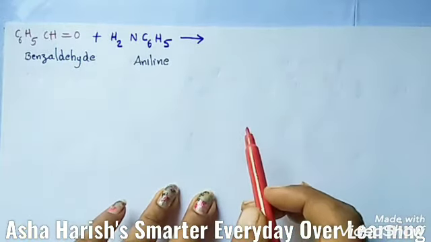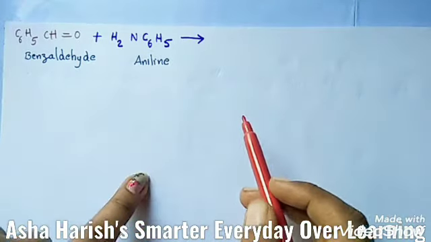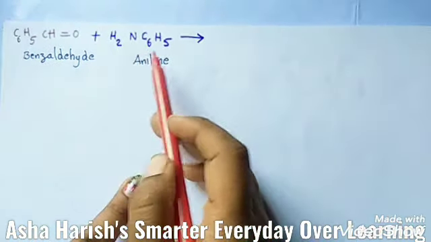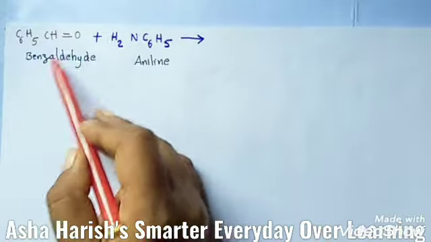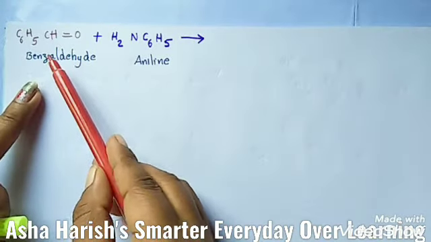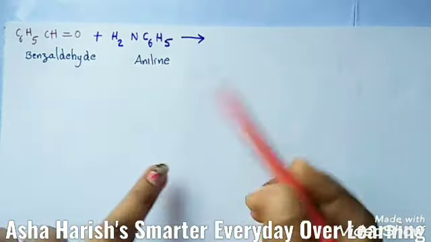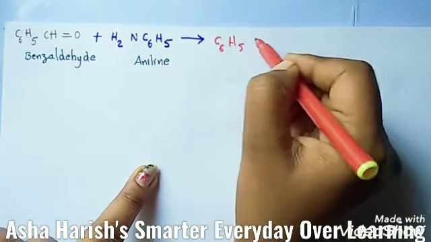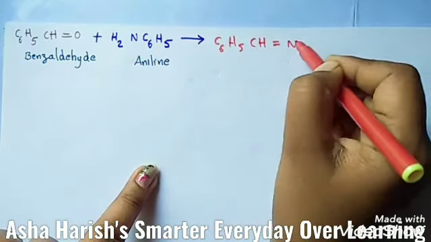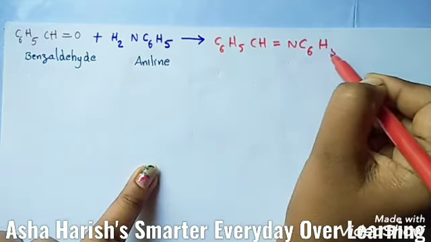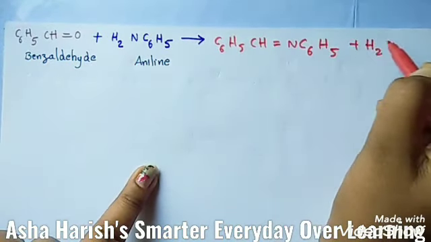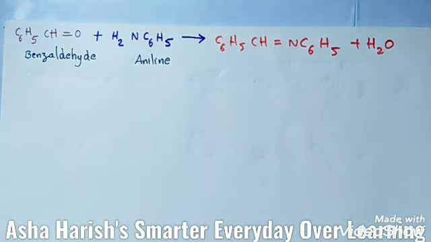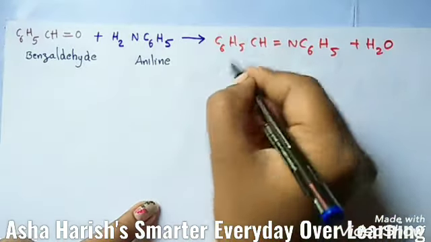It is the reaction between benzaldehyde, this is the benzaldehyde formula, and aniline to form the product C6H5CH=NC6H5 with the elimination of water. The name of this final product is benzylidene aniline.